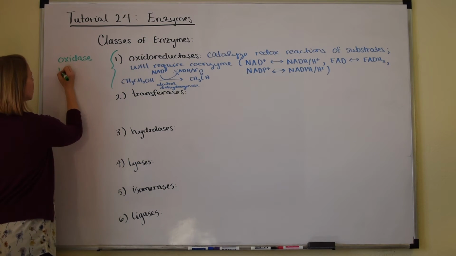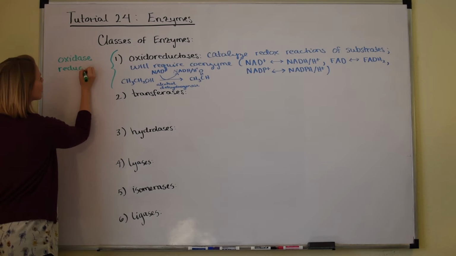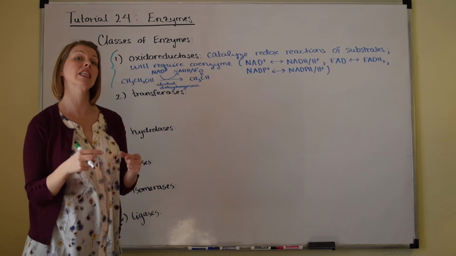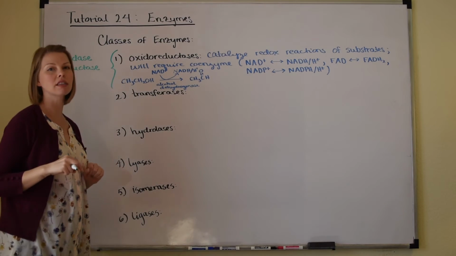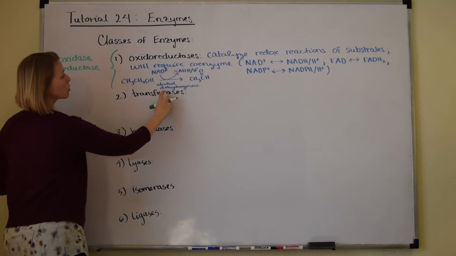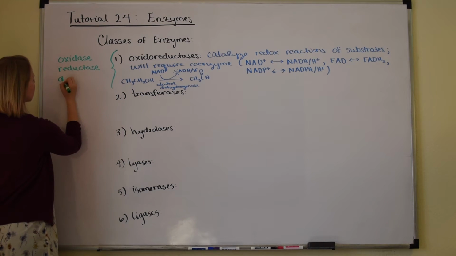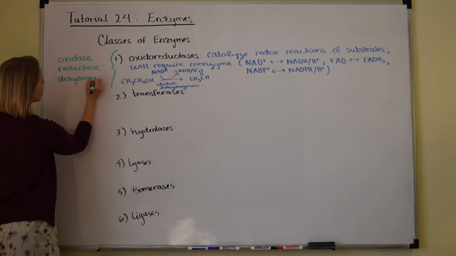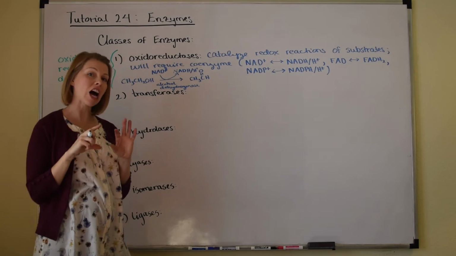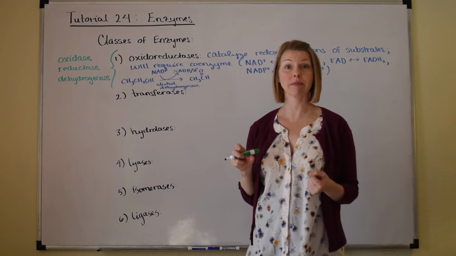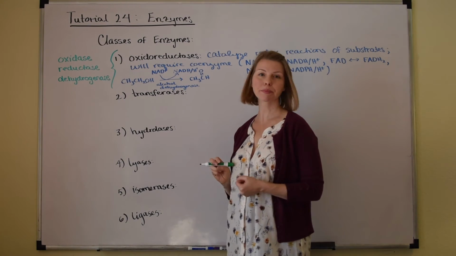You will see the term reductase. That's referring to an enzyme that specifically is reducing a substrate. And we will also see a lot of dehydrogenase enzymes. And that's an enzyme that is oxidizing a substrate specifically by the removal of hydrogen, like what we saw here.